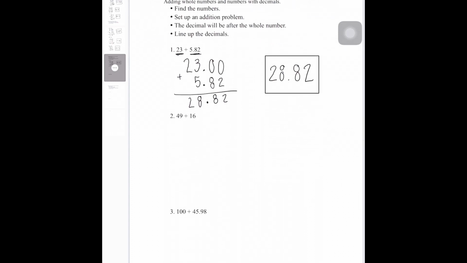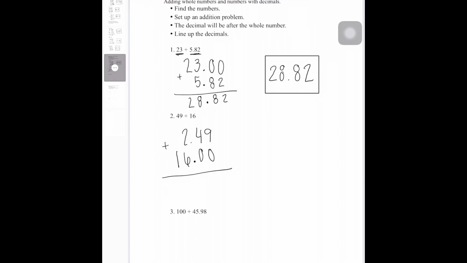Okay, now let's move on. We have 2 and 49 hundredths plus 16. So we're going to place the 6 right under the 2 and the 1 out here. And then we're going to place a decimal and 2 zeros as placeholders.